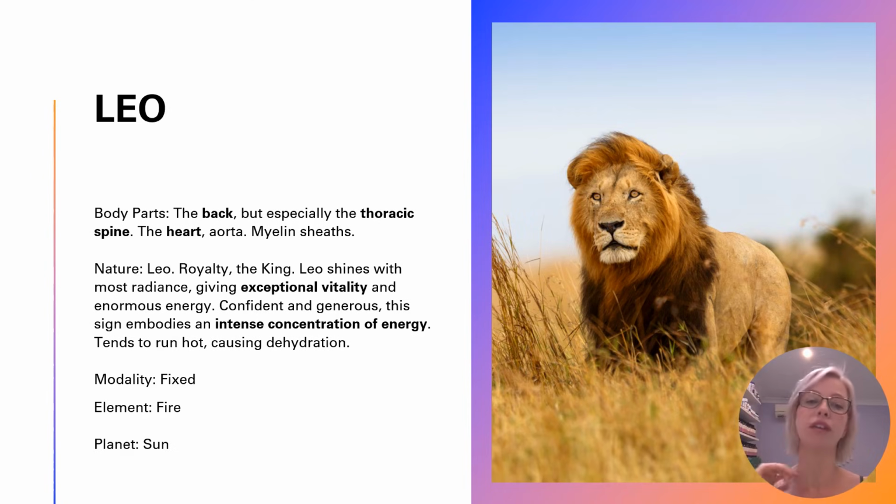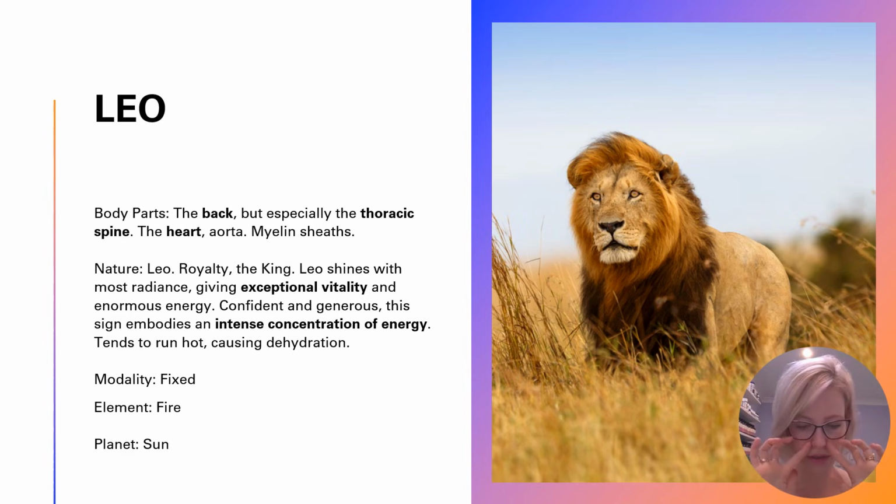So if you're a Leo sign, or if you have a lot of Leo placements, because Leo rules the heart, there is that focus on the heart's health, the cardiovascular system, but more so the heart than the vasculature, which is Aquarius. So always looking at the heart's energy and the heart's function with Leo. Also the spine.